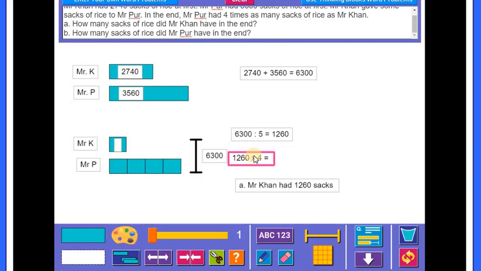The answer is 5040. Then we can answer question B. The answer is Mr. Poor had 5040 sacks of rice in the end.